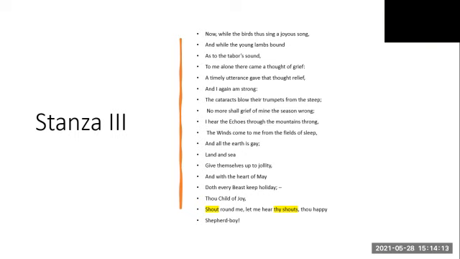Tabours is a small drum. To the extent that young lambs are jumping. To me alone. So everything is happy around him, apparently. He's singing, joy, happiness. To me alone, there came a thought of grief.